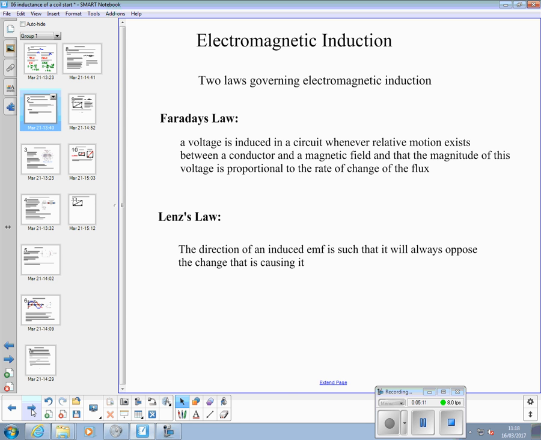Okay? Secondly, this induced voltage in a closed circuit will cause a current to flow. Lenz's law states that the direction of an induced EMF and therefore current is such that it will always oppose the change that's causing it to happen.